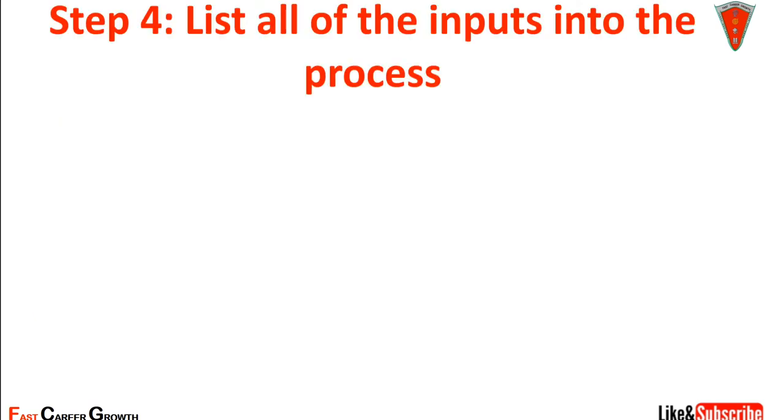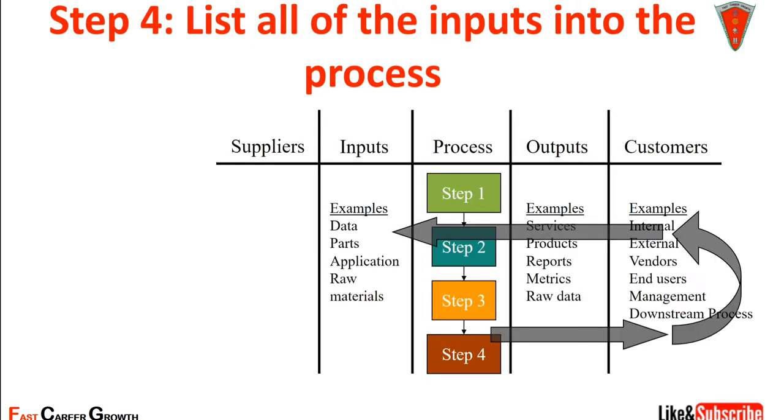Step 4. List all the inputs into the process. This is shown in the chart also. For example, inputs may be data, parts, applications, raw materials.